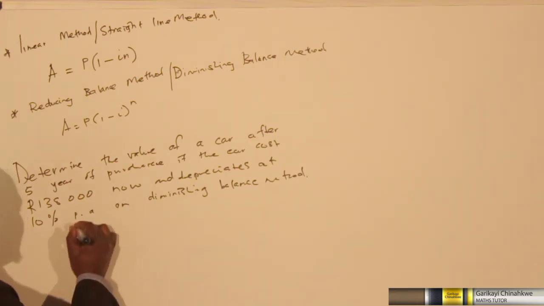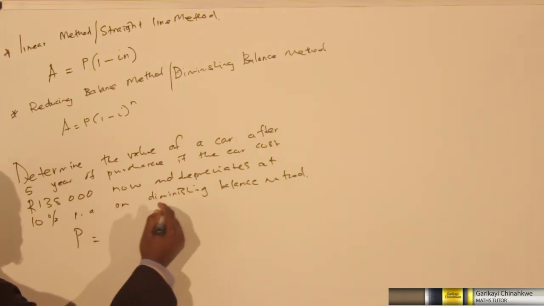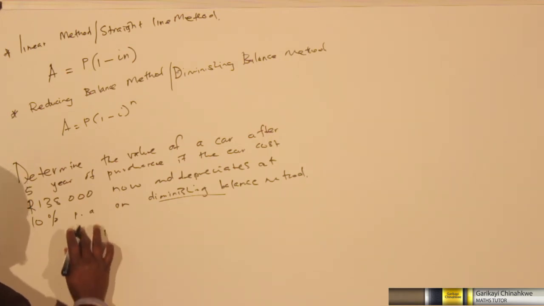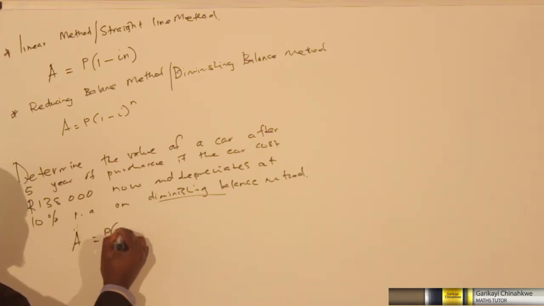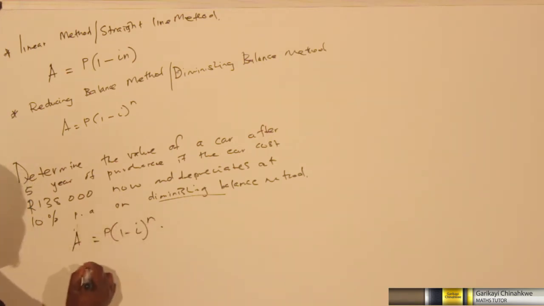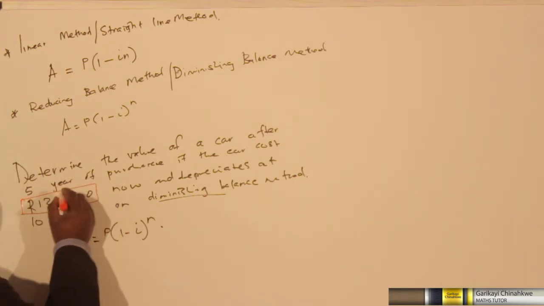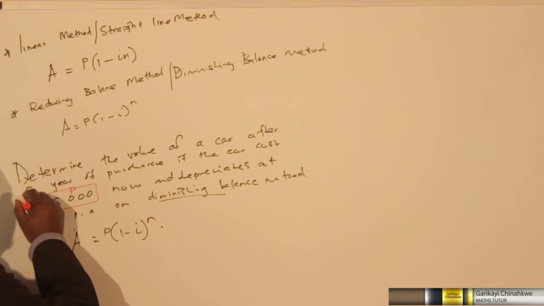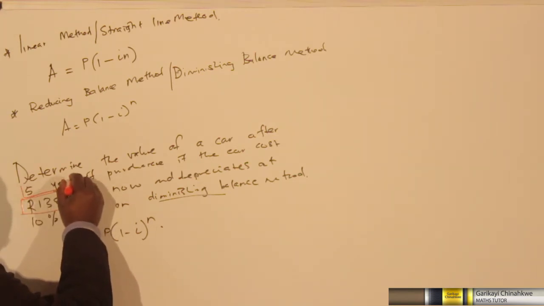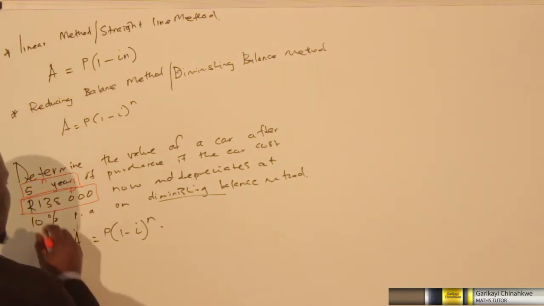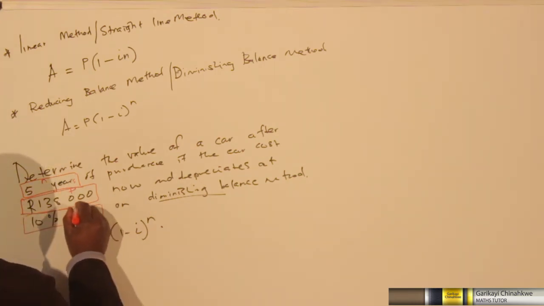Or you just want to write the formula P is equal to, because it's diminishing, they've told you, so you're going to use this method. A = P(1 - i)^n. And as you can see, this is the price of the car, so this becomes your P. This is 5 years, after 5 years, so this becomes your N, and then 10% becomes your i.